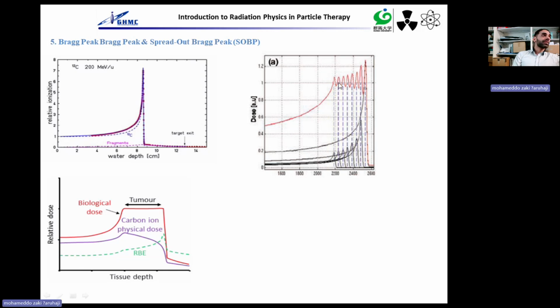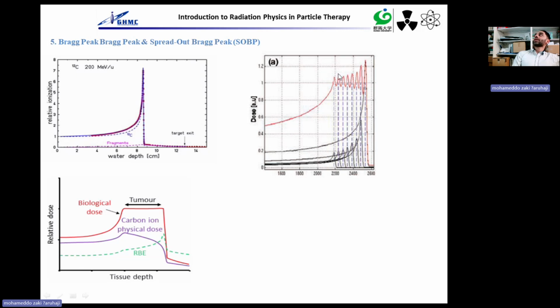Now our target volume has different thicknesses, like a round shape. So from here to here we want to treat. So it's not 1 millimeter, it's 10 millimeter, here 20 millimeter, 10 millimeter. So layer by layer we set these things. This will be the size, this will be the width, so that we can perfectly treat our cancer.